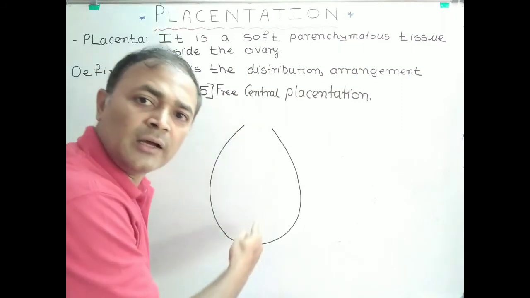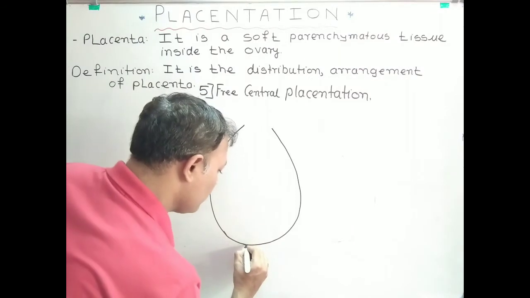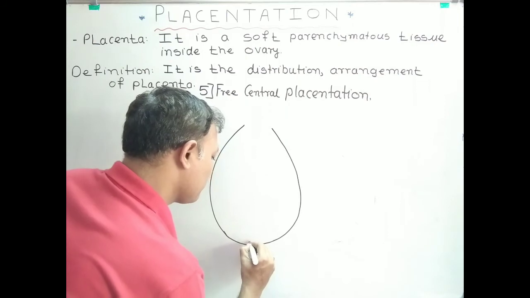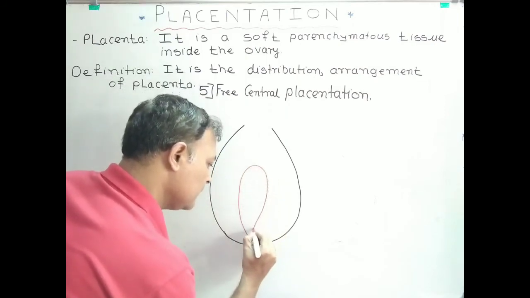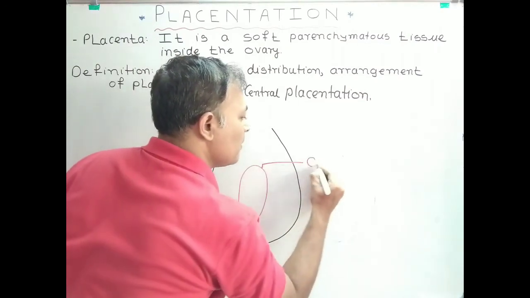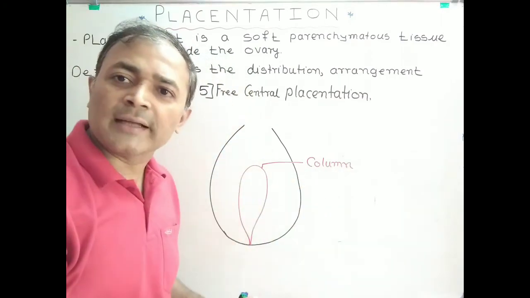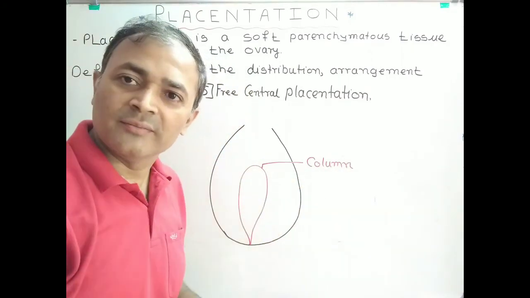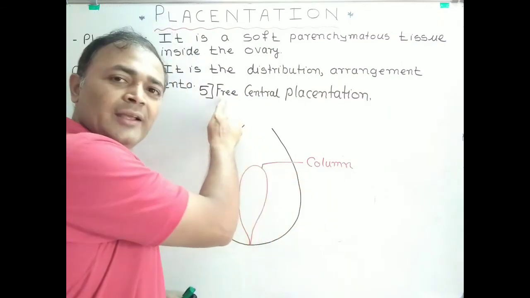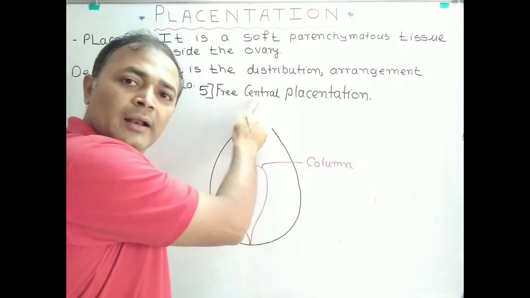In the center of the ovary, there is a column. There is a column in the center of the ovary. This column is not attached to the walls of ovary. Since it is not attached, it is called as free. The column is in the center of the ovary, so called as central placentation.